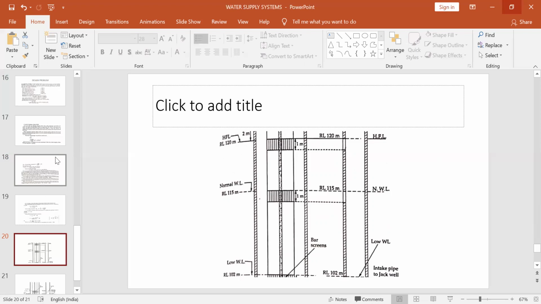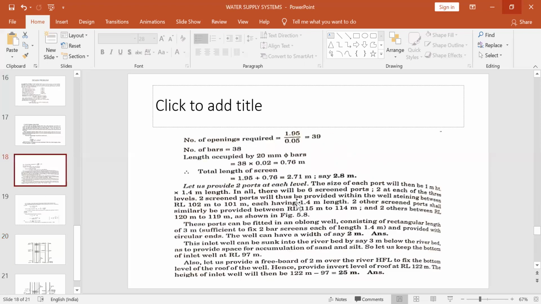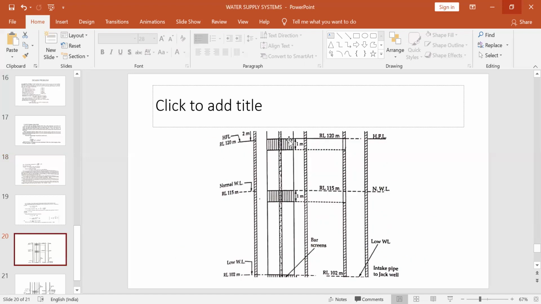Now this is 2.8. The size of each port will be 1 meter height, that we have already decided. This is 1 meter height, and this is 2.8. So now you are providing 2 chambers in the opening, that is 2 ports, one port here and one port here.